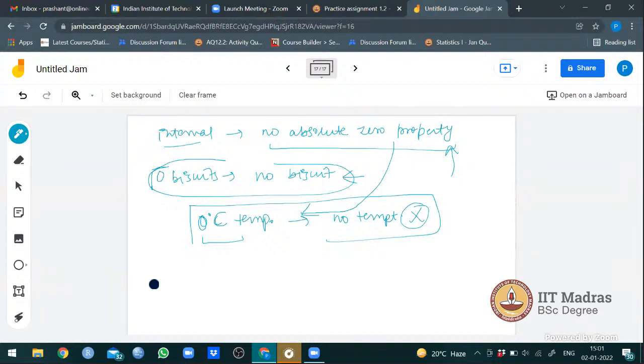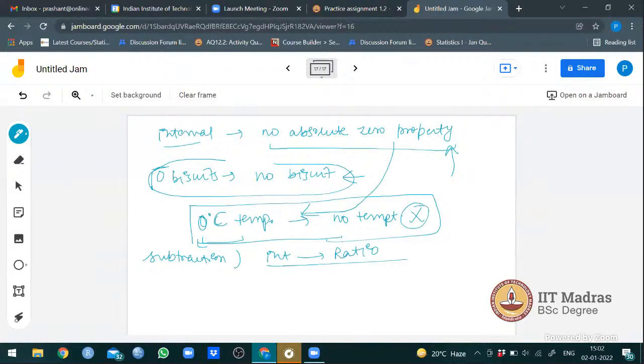Sir, but an interval scale can be converted into a ratio scale. Yes, converted. If we take the case of temperature only, by subtraction you can change from interval to ratio.